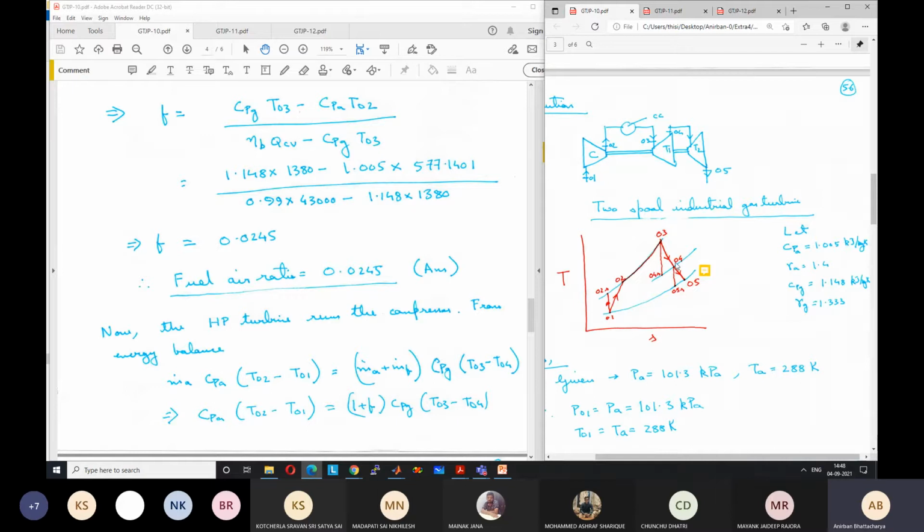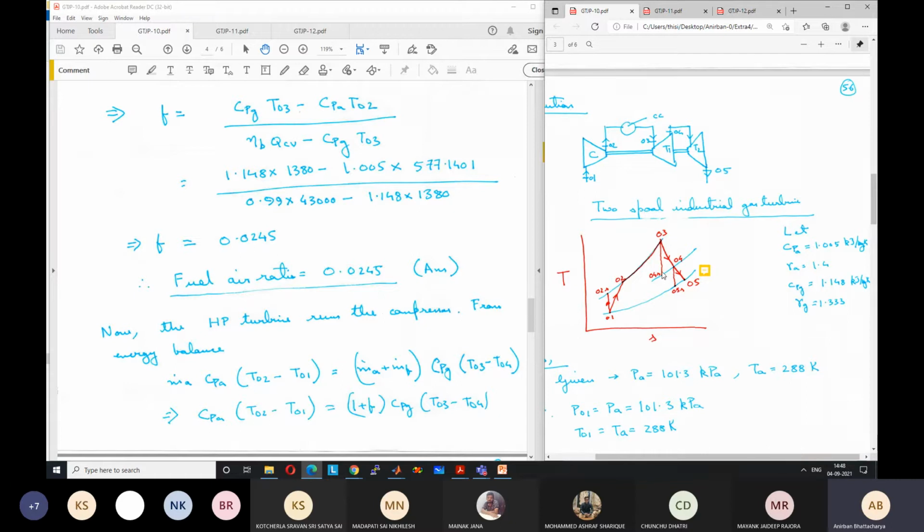No information is given regarding 04. Neither do we know the pressure at 04, nor the temperature at 04. If the pressure was known, we would have found the temperature at 04s by using the pressure ratio, because P03 is known.